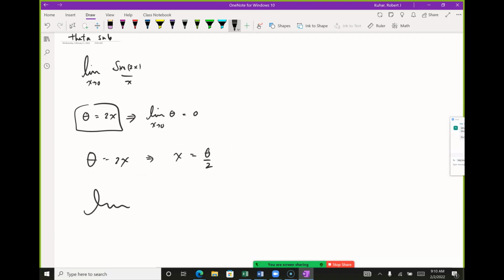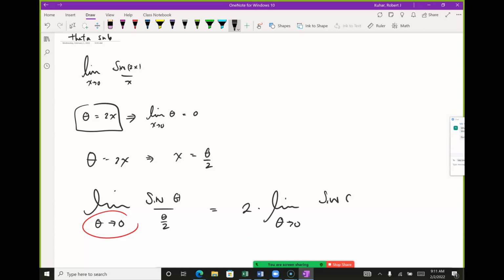So the limit of theta going to 0 is now sine of theta over 2, right? Kind of cheating a little bit here. I probably should have put a theta over 2, but it doesn't matter. If theta over 2 is going to 0, theta is going to 0. So now look at what I have. I have 2 times the limit as theta goes to 0 of sine of theta over theta.